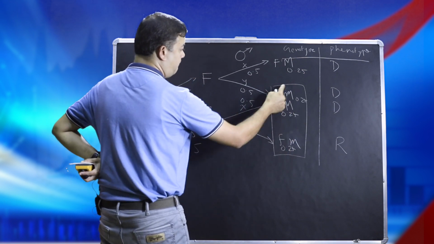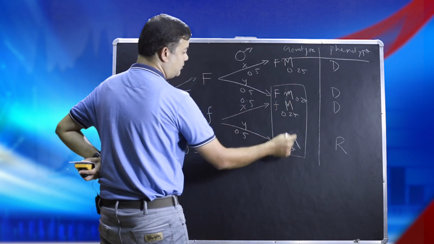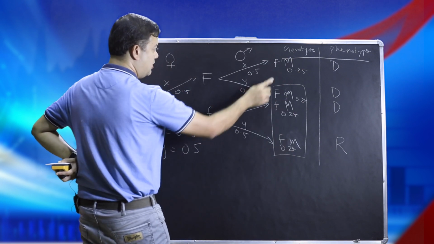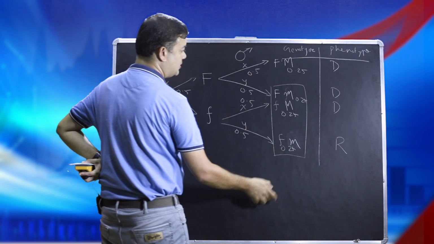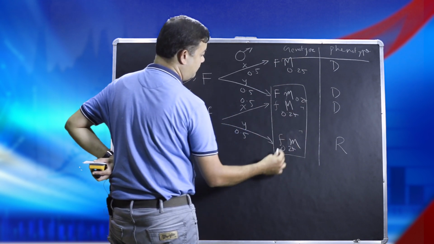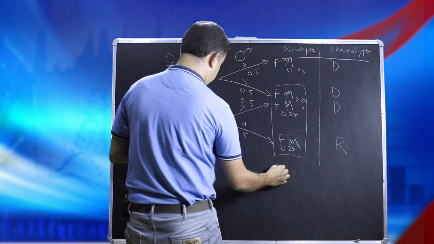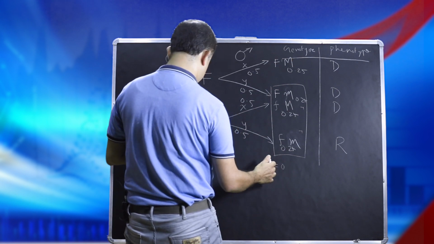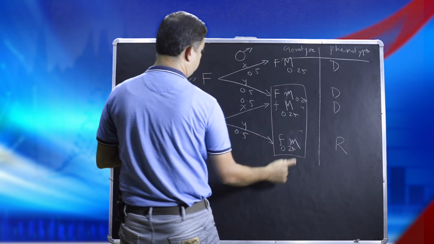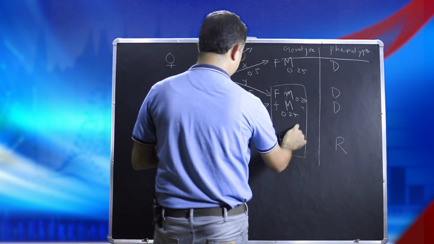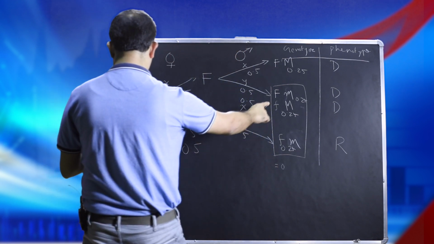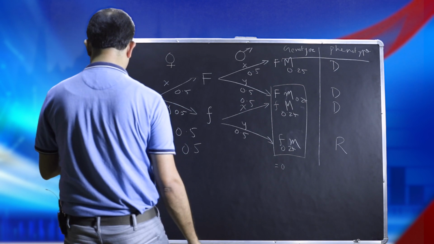If I want to calculate the combined probability of 1, 2 and 3, it is nothing but addition. As I told you, along the path it is multiplication, while the column below is always addition. So 0.25 plus 0.25 plus 0.25 is equal to 0.75. That is the combined probability. So all these probabilities you will have to add to get the combined probability. That is how at least one recessive gene works.